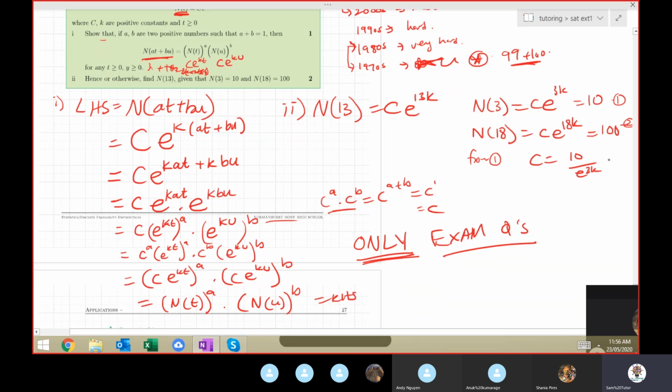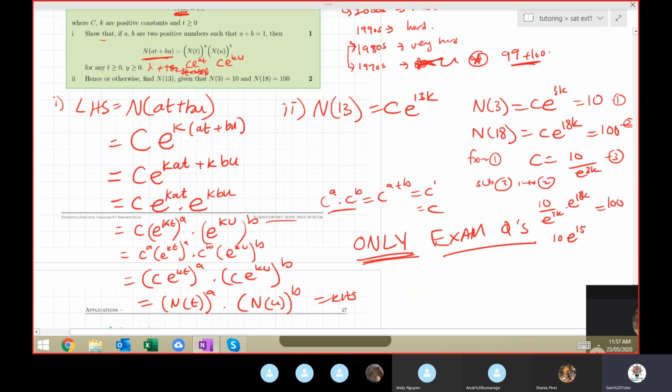Sub this into equation 2. So it would look like this: 10 on E to the 3K, dot E to the 18K, equals 100. E to the 18K divided by E to the 3K, that becomes a takeaway, so 18K takeaway 3K.